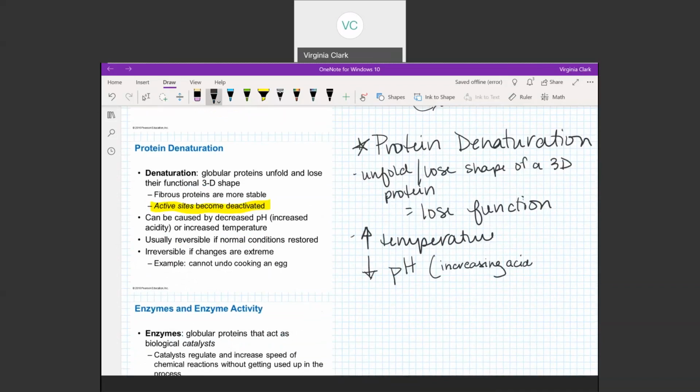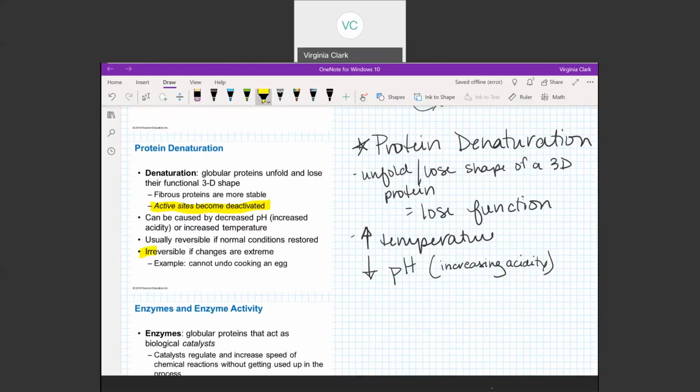So if you think about any time you've boiled something, let's say boiled eggs, if you increase the temperature, you're going to denature and change the structure inside that egg. And you've done that because you've boiled it. Or the opposite is if something goes into hydrochloric acid, it will dissolve because it's losing and unfolding that actual integrity of the shape. Both of these are not reversible.